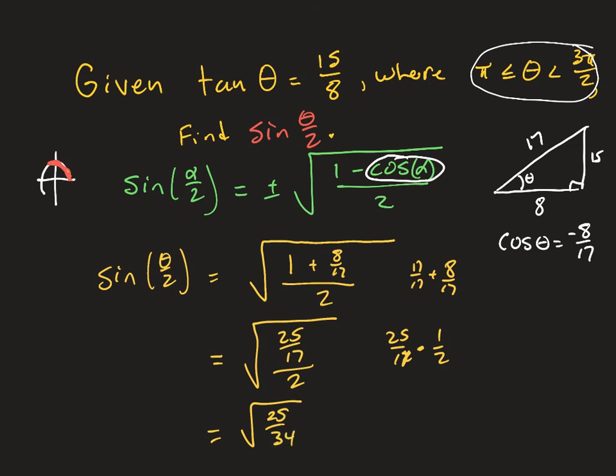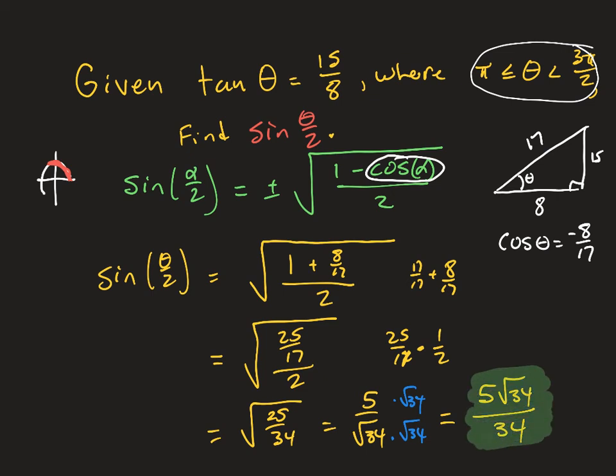And the square root of 25 is just 5, so this is really 5 over the square root of 34. And then we rationalize that denominator by multiplying by the square root of 34 on top and bottom. And so the final value for the sine of theta over 2 is positive 5 square root of 34 over 34. Crazy answer, but nonetheless, it is the correct one.